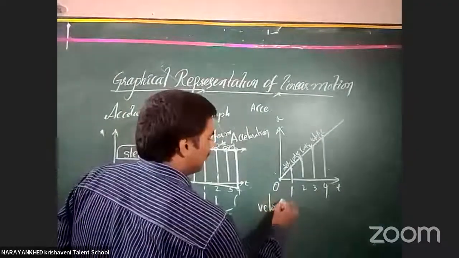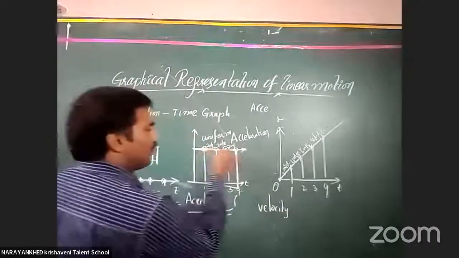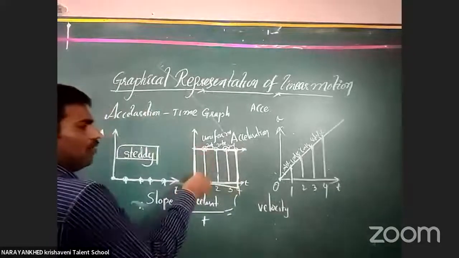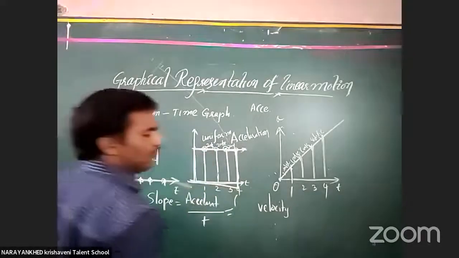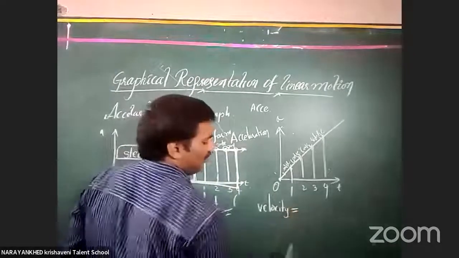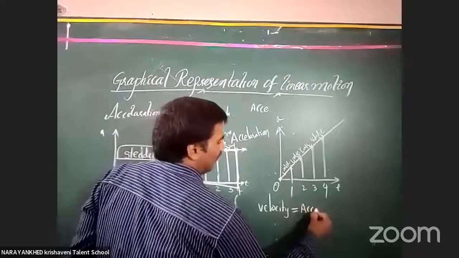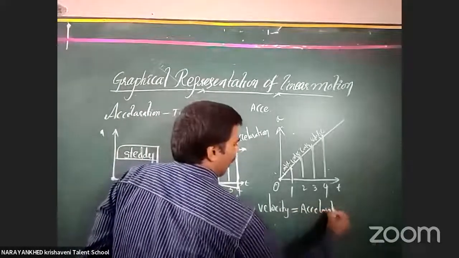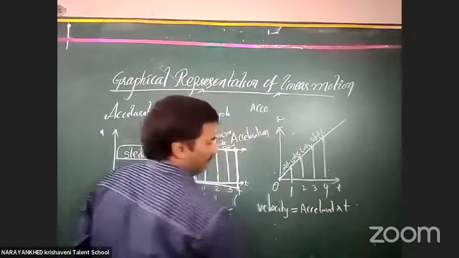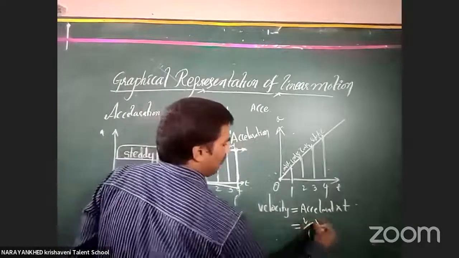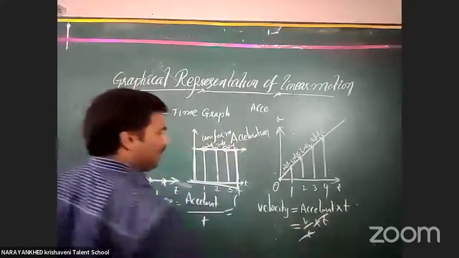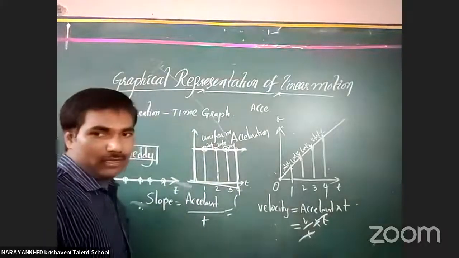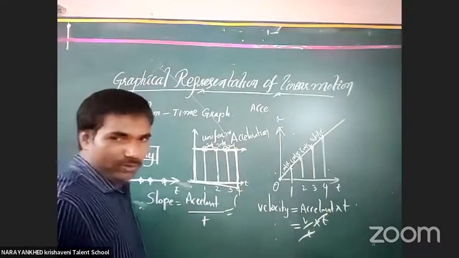Velocity is equal to the area under this particular line. Velocity is written as acceleration into time. Why? Because v by t into t is v only.